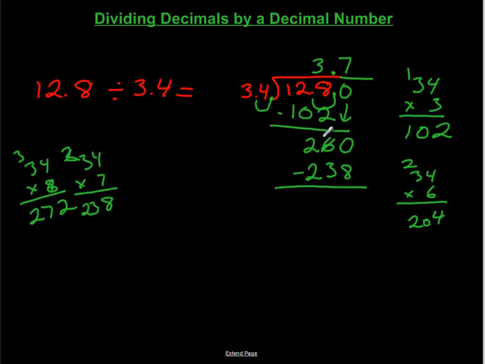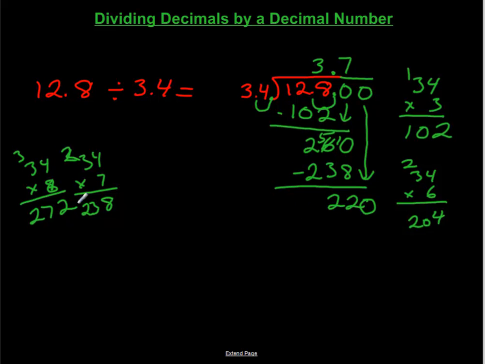I have to borrow here, so I get 5. 10 take away 8 is 2. 5 take away 3 is 2. And then I'm left with 0. So I have 22. Now I can add another 0 up here because I'm still only at 1 decimal. I've got to take it to at least 2. So I'm going to bring my 0 down here and treat it as if it's 220.